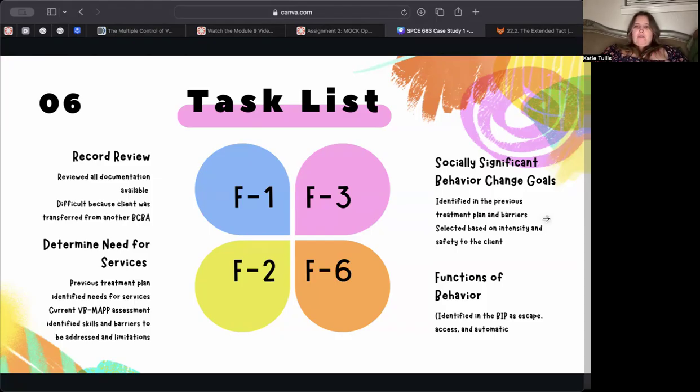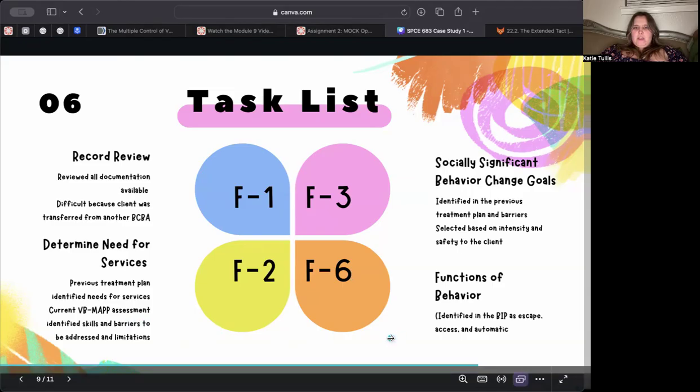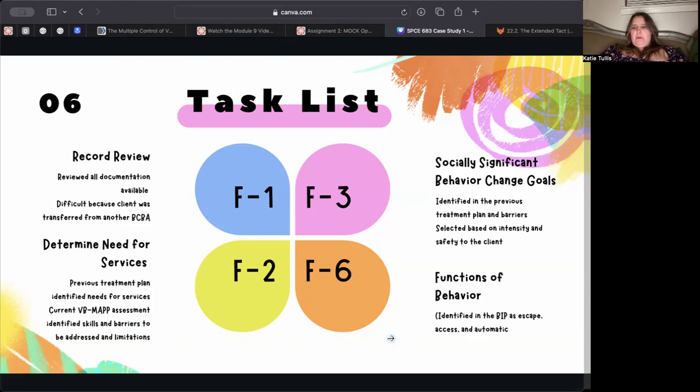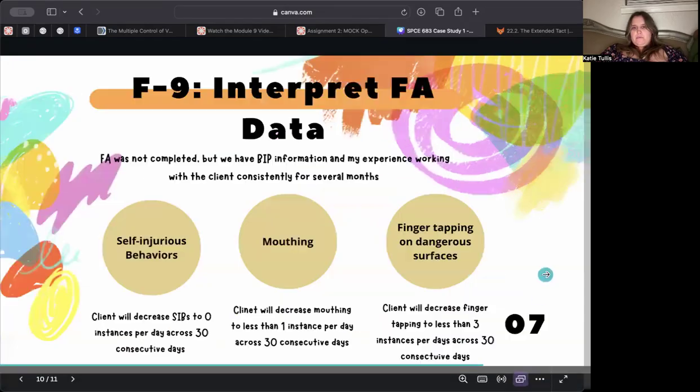Socially significant behavior change goals were definitely identified in the treatment plan and barriers, and I selected based on intensity and safety of the client. The functions of behavior were identified in the BIP as escape, access, and automatic.